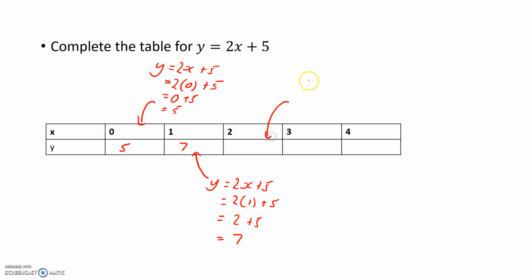We'll just do one more. y equals 2x plus 5, because we're still using the same rule. 2, this time x value is 2. 2 times 2 is 4, plus 5, which gives us 9. Then I can keep going again and again, but I know that answer was 11, and that answer is 13.